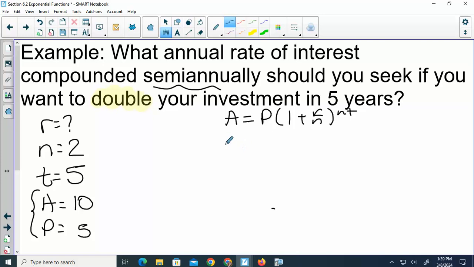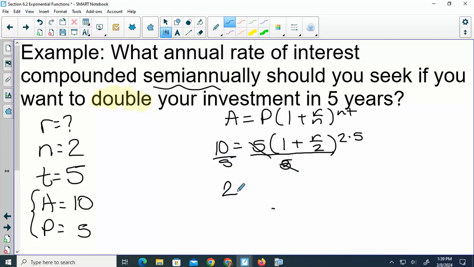So now if we plug in, my A is 10, P is 5, 1 plus R over 2, so 2 times 5 power. If we divide by 5, we get 2, so that's where the doubling came in.